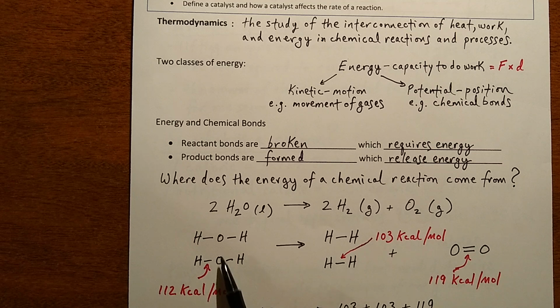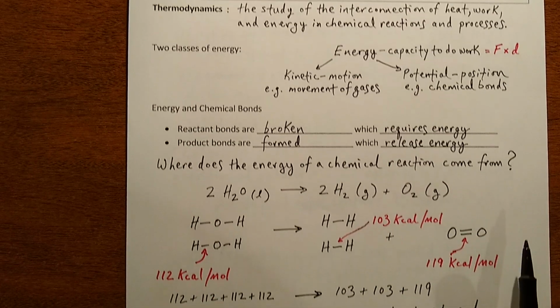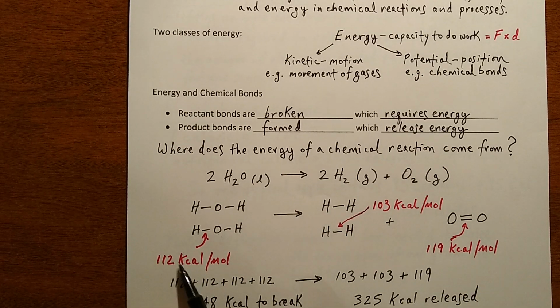If we draw out the Lewis structures, you'll see that there are two water molecules. So there are four OH bonds, and we get two hydrogen molecules formed and one oxygen molecule formed. Now, I wouldn't expect you to know these numbers in red here, but these are the energies it takes to break these bonds.